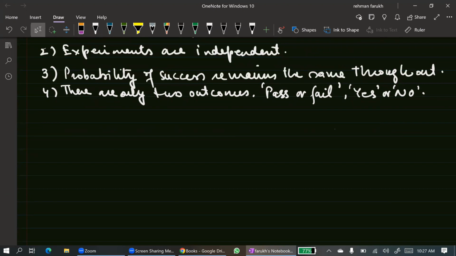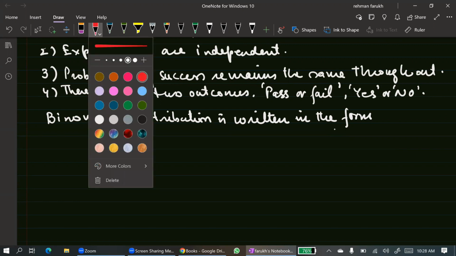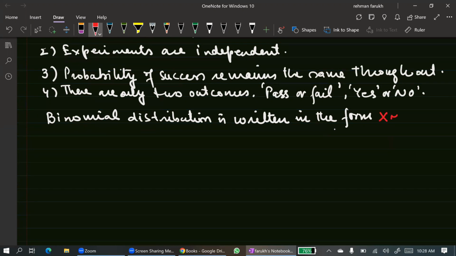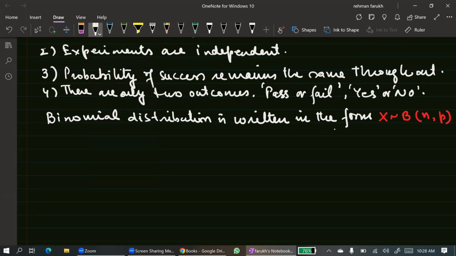Binomial distribution is written in the form X is a binomial distribution with n comma p, where n and p are the parameters of the distribution.